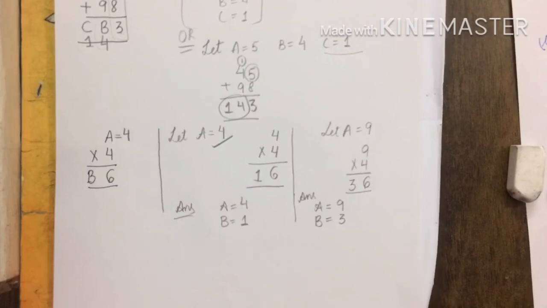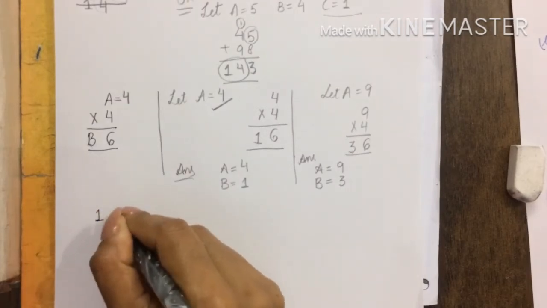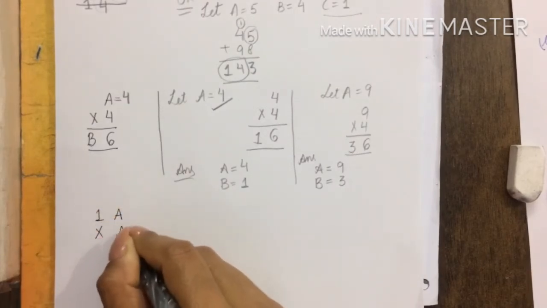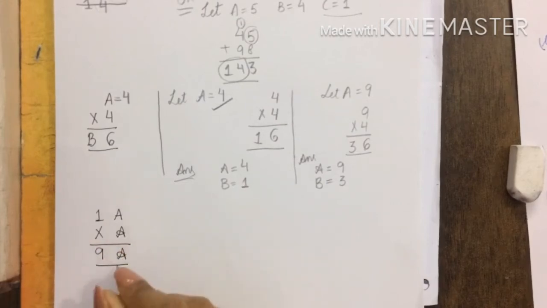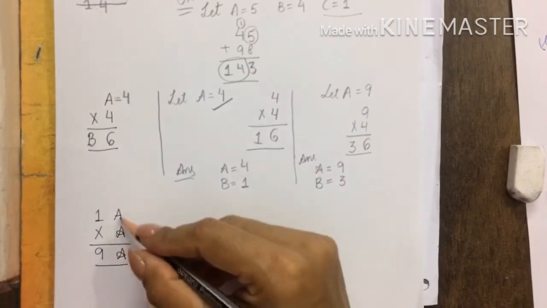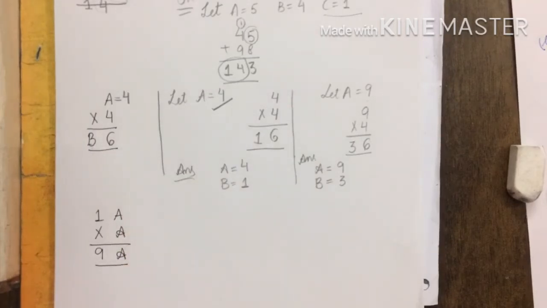Let's take one more example. 1A multiplied with A, the answer comes out to be a 2-digit number ending in A. Now there are 3 places missing, and all of the places have been represented with the same letter.